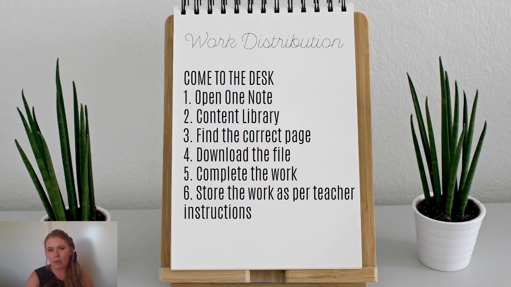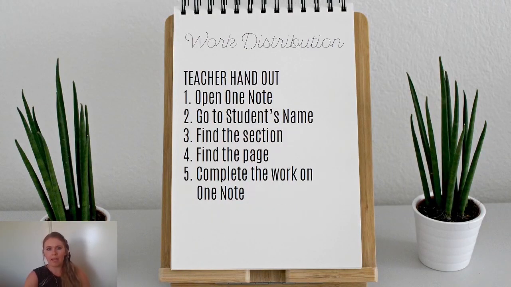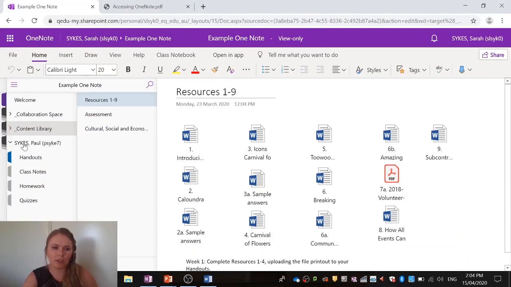The second method for work distribution is that the teacher is handing it out to the students. This is no different to the teacher walking around the classroom and putting the piece of paper on each student's desk. This method involves the student going to OneNote, and rather than going to the content library, they just find their name.